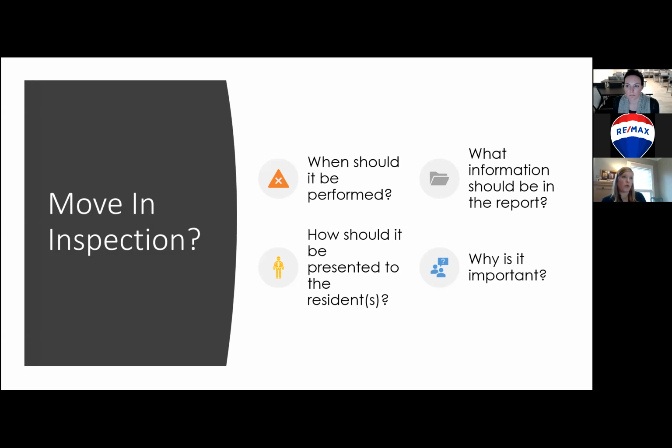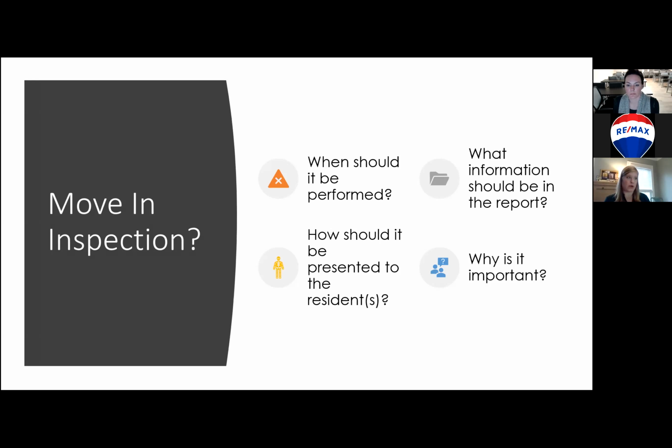Information that should be in the report. It used to be where you could just make a checklist of items that were not okay. But one thing that we have found is photographs are huge.